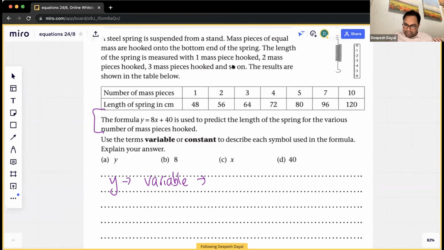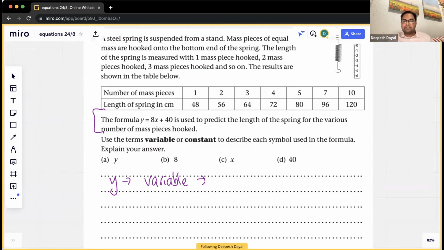So y represents the length of the spring for various number of mass pieces hooked. Does everybody agree with that? Yes, sir. So that is it, right? It is the length of the spring for various number of mass pieces hooked.